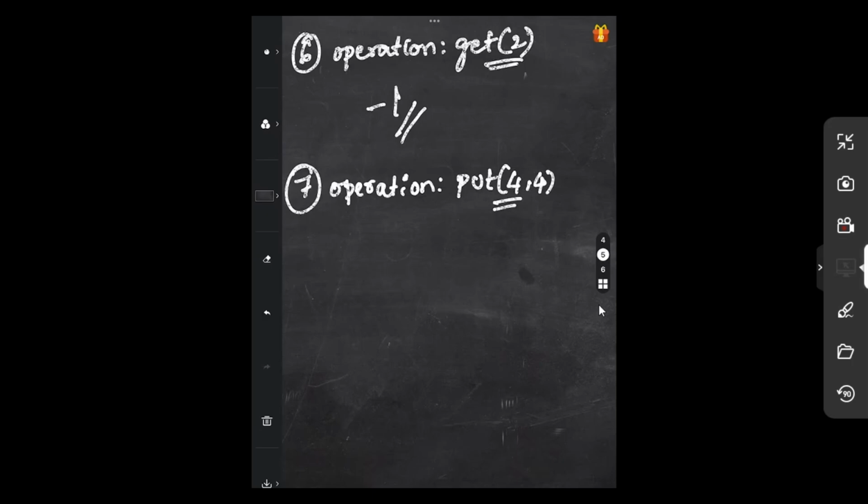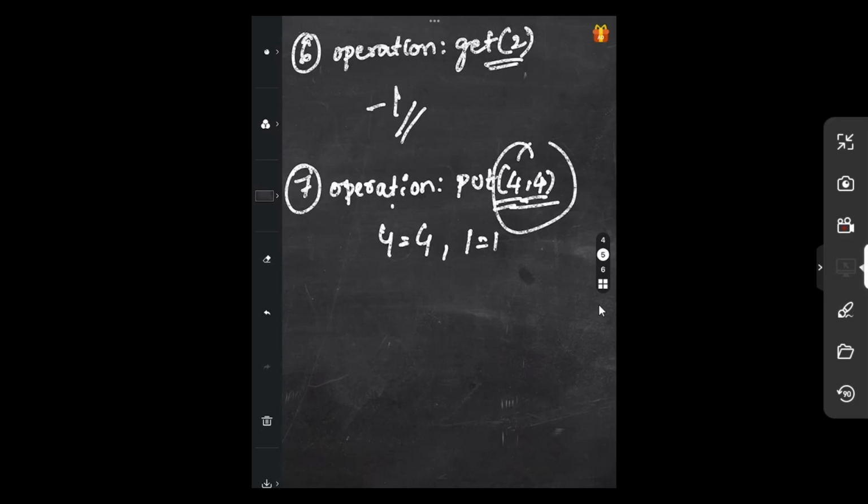In this case what happens, we are adding the key value pair 4 equals 4 to the cache. So now the cache is full, capacity equals 2, right?